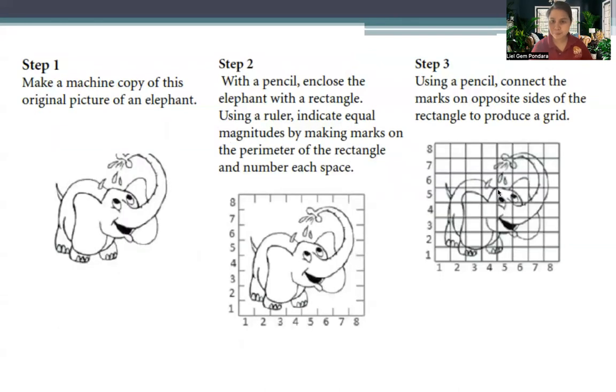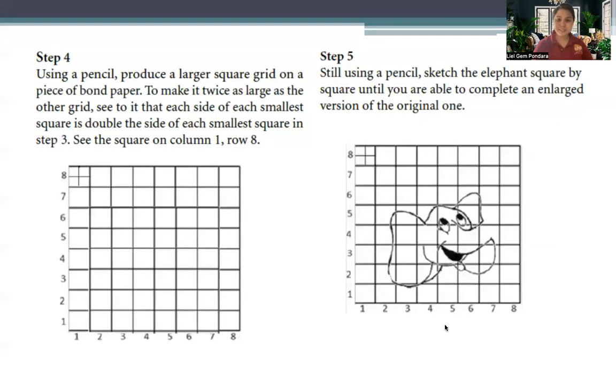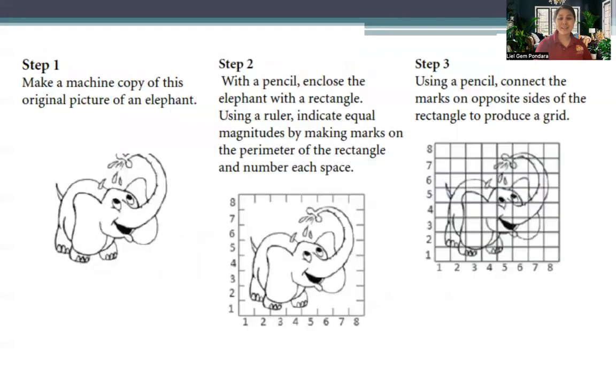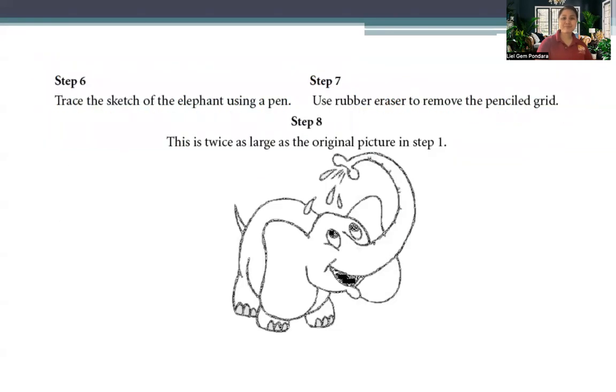So for example, we start here, right? In this box, 5, 4. In the coordinate 5, 4, you start with this one, then go up. So it means that at 5, 4 here, you go down, then you go up. That's for the elephant's head. So you need to continue your drawing using this one. Again, we work on one box to another box.